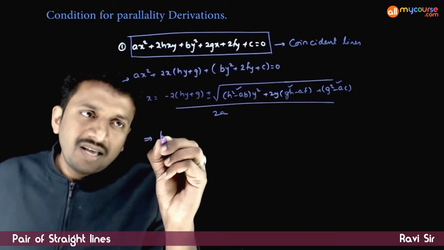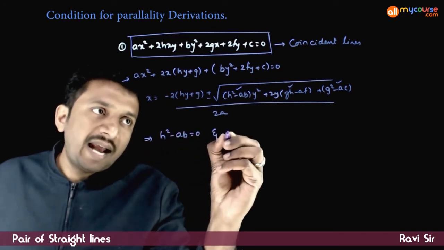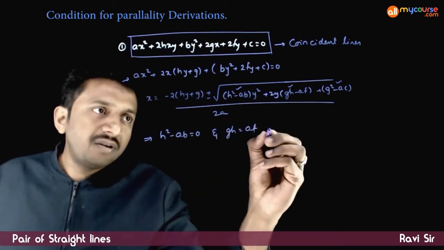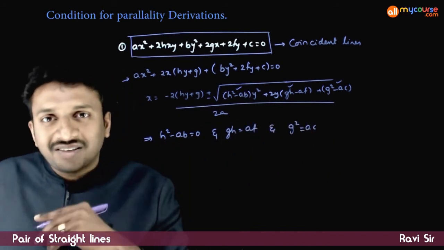That means h square minus ab has to be equal to 0, gh has to be equal to af, and g square has to be equal to ac.